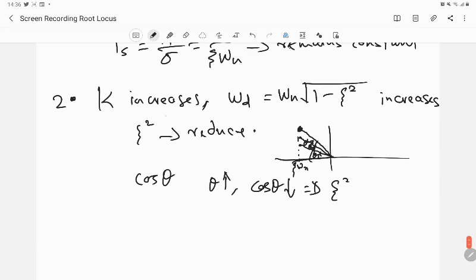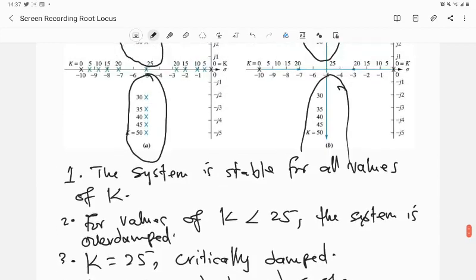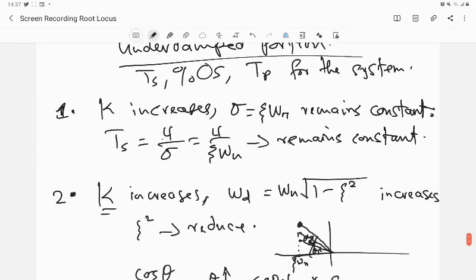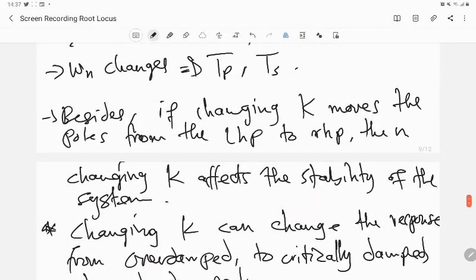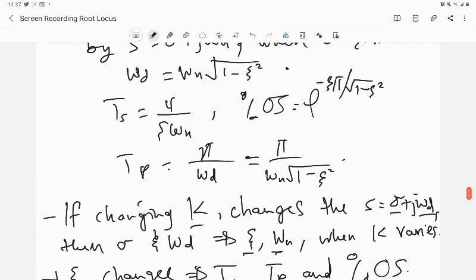So what I'm trying to say is that when we increase k, you automatically decrease zeta, and when you decrease zeta, what happens to the percentage overshoot? Well, as you can see from the formula we stated earlier, if you decrease zeta, then this factor is going to decrease, and because of the negative, it will be 1 over a smaller number, so that will cause an increase.